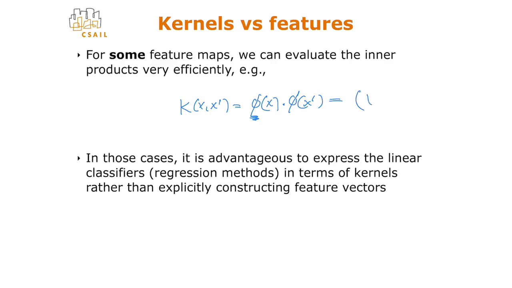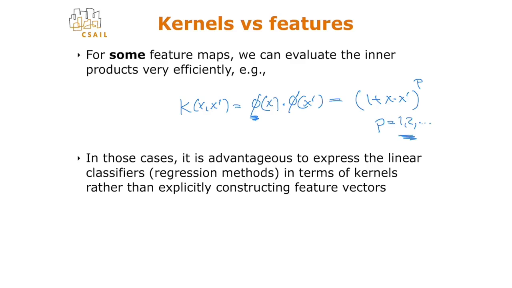For example, if it's any order polynomial feature transformation, we can take just 1 plus x inner product x prime to the power of p, and p could be 1, 2, and any order. This would be a possible kernel function that's cheap to evaluate and corresponds to the type of polynomial feature vectors that we've already discussed, up to some arbitrary order that we define.